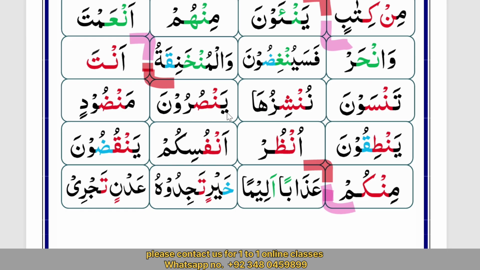Ha, ya, noon, zabar yan, sad, pesh su, yansu, ra, waw, pesh ru, yansuru, noon, zabar na, yansuruna. Mim, noon, zabar man, dad, waw, pesh du, mandu, dal, do zer din, mandudin.